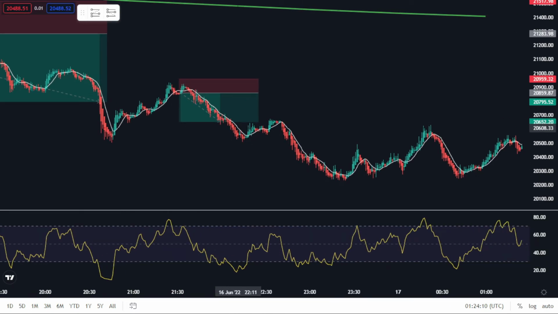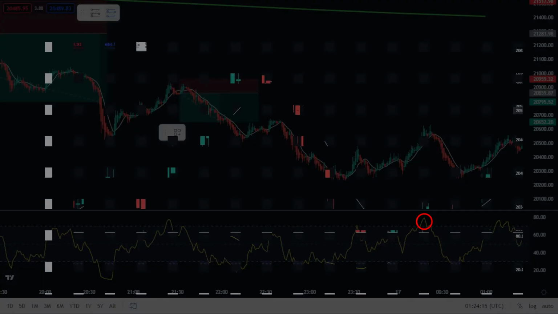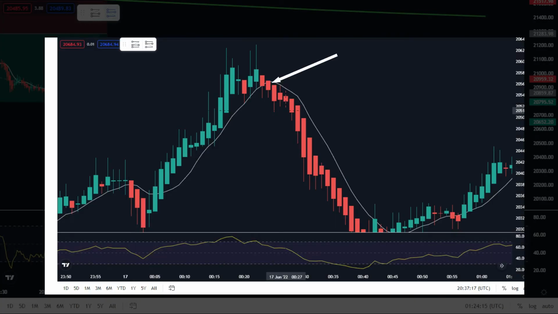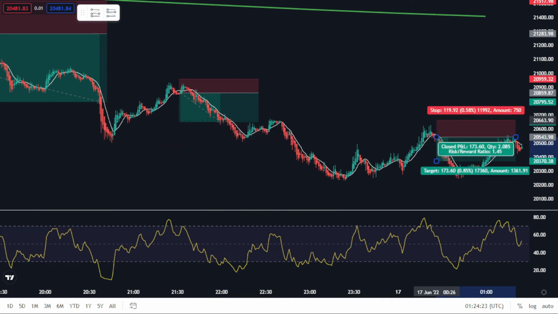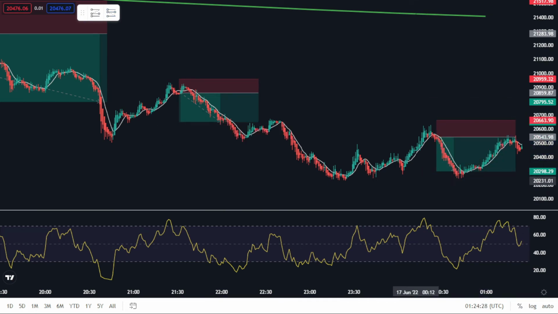Another confirmation here was given by the RSI indicator after it became overbought. So let's try to find a good entry. Here we have a red Heikin-Ashi candle closing under the fast moving average. So we can now enter this trade with the usual risk to reward ratio of 2 to 1.